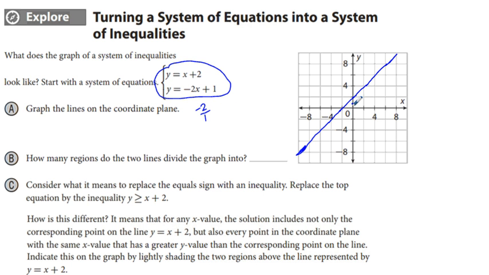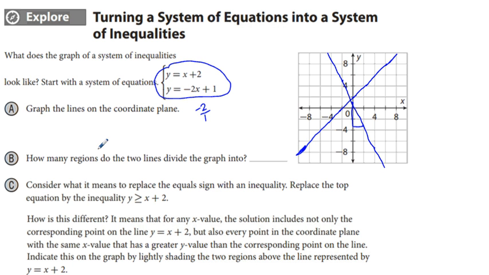So if we go down 2 over 1, and then down 2 over 1, and then the reverse process up here, up to the left 1, up to the left 1. So there's our y-intercept, it's going to be looking like this. Okay, that's about as smooth as I can do.